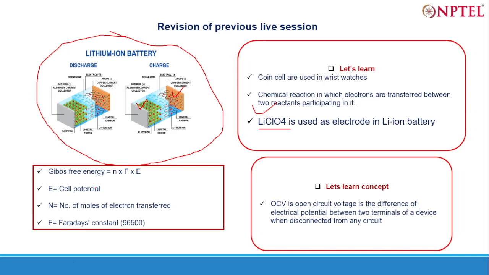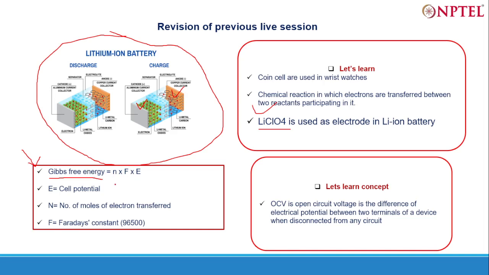And the third concept we discussed, we actually did a numerical based on this. I thought this was important, so let's practice it once again. What happens in a battery, how much voltage you will get, is dependent on the Gibbs free energy of the battery. Gibbs free energy is given by nFE.